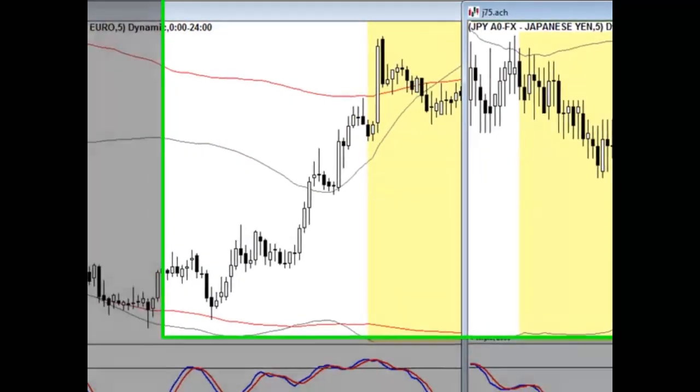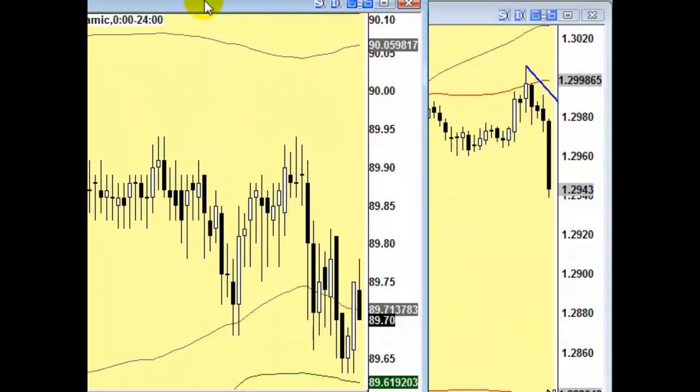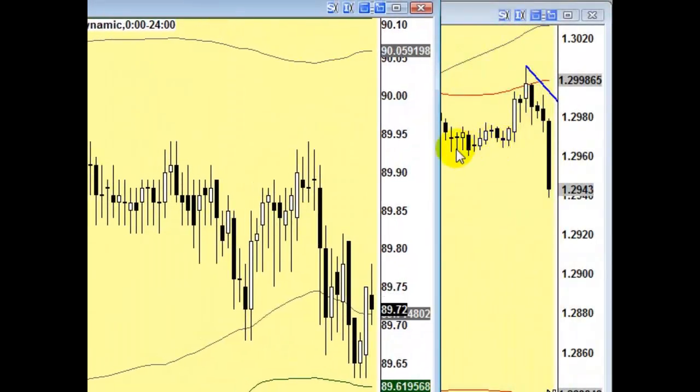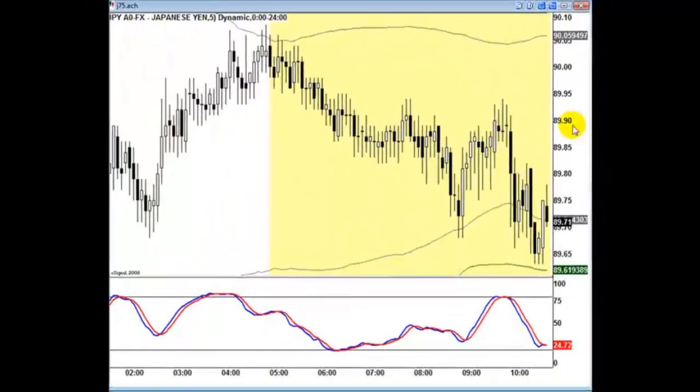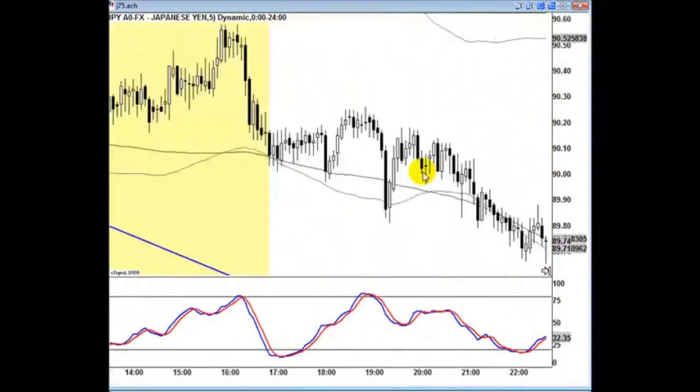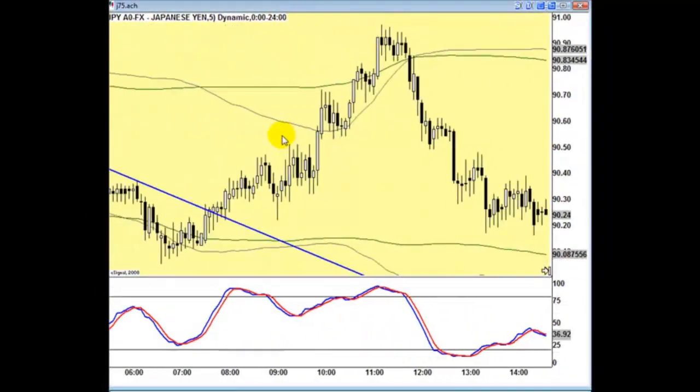The euro's been extremely volatile just over the last couple of days, but the dollar yen, in fact we looked at some of these trades yesterday. So let's have a look at this one. We've got a really nice setup here.